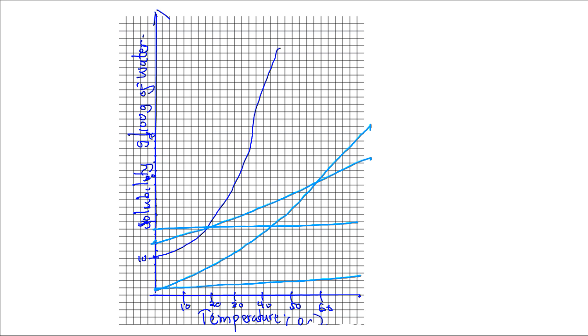So the first curve is for potassium nitrate. These are sketches for potassium chloride. Then this is potassium chlorate. And then we also have sodium chloride and calcium sulfate.